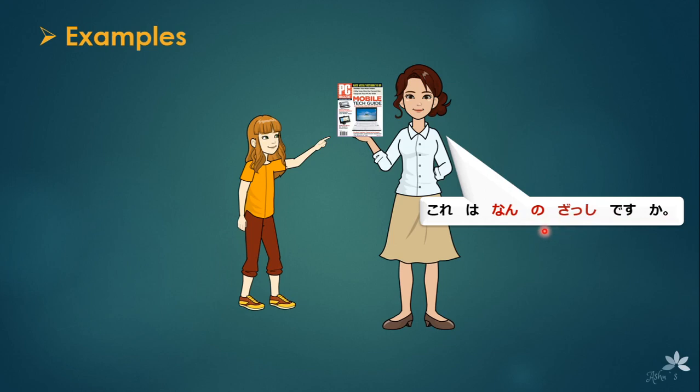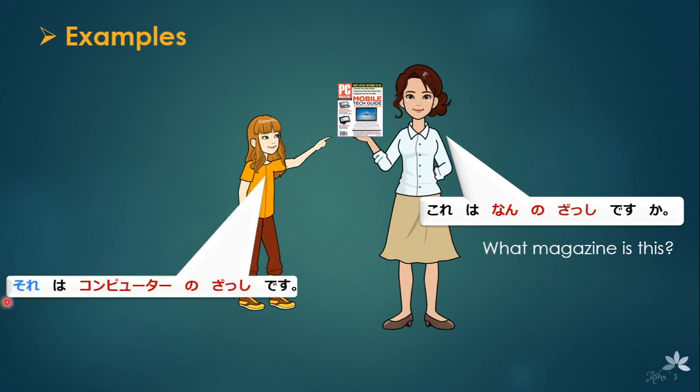Which means what is this magazine about? Or what magazine is this? So the girl replies, Sore wa konpyuutaa no zasshi desu. That is a computer magazine.